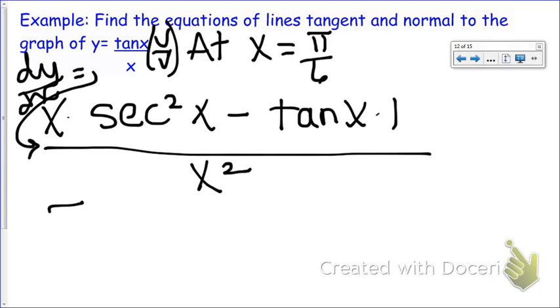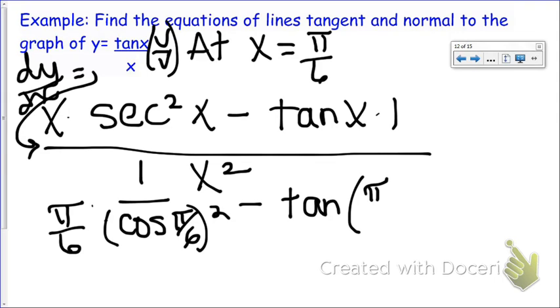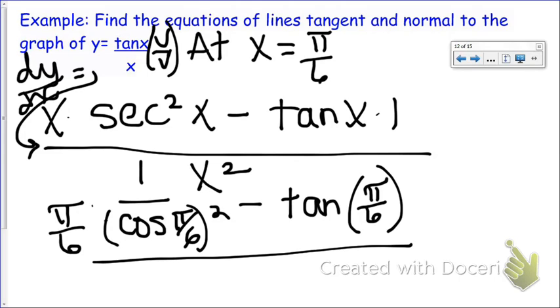Plug in pi over 6. Remember that secant is the same as 1 over cosine. So we'll put it this way in the calculator. Minus tan pi over 6 over pi over 6 squared.